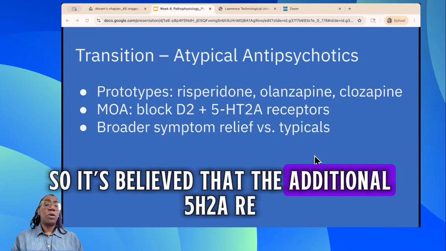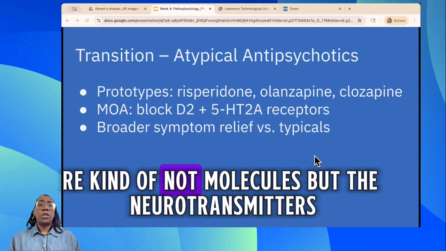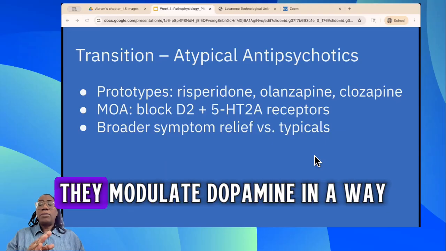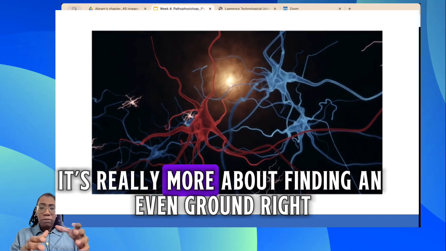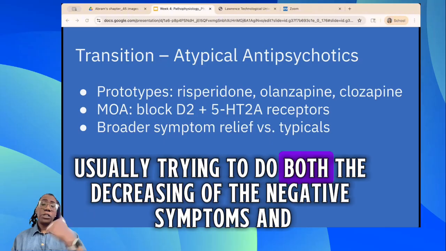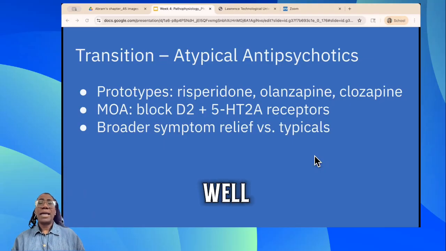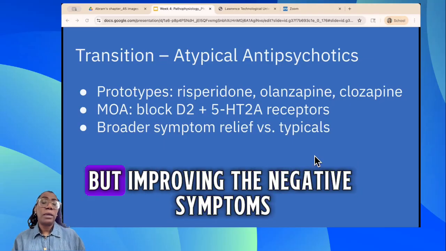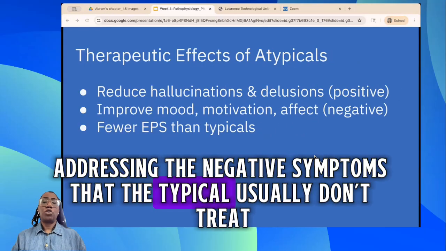So it's believed that the additional 5-HT2A antagonism, the neurotransmitters, modulate dopamine in a way. And when you say modulate, it doesn't mean they just kick them out. It's really more about finding an even ground, right? And these are dual action, usually trying to do both the decreasing of the positive symptoms and improving the negative symptoms, or addressing the negative symptoms that the typicals usually don't treat.